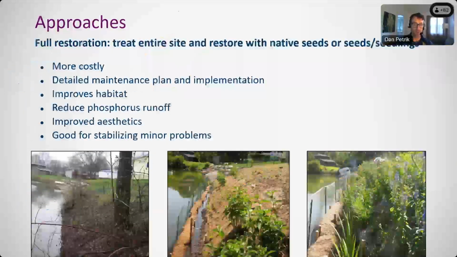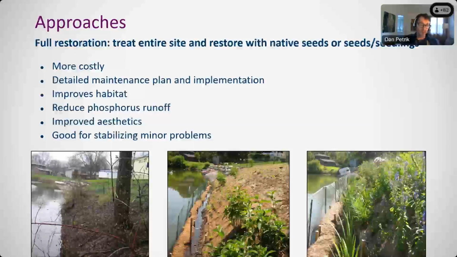Sort of next up the spectrum would be a full restoration. This is where you treat the entire site and restore it with a combination of native seeds and seedlings, or bare root sort of thing. This is going to cost more, and you definitely have to comply with a maintenance plan and its implementation for it to really work.